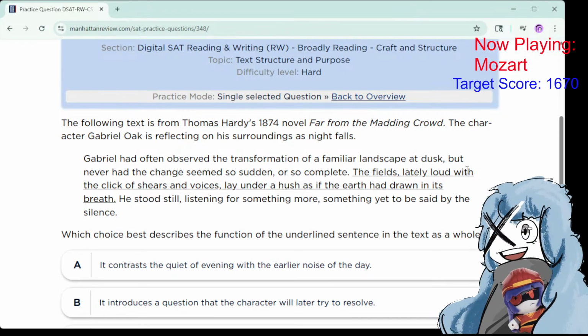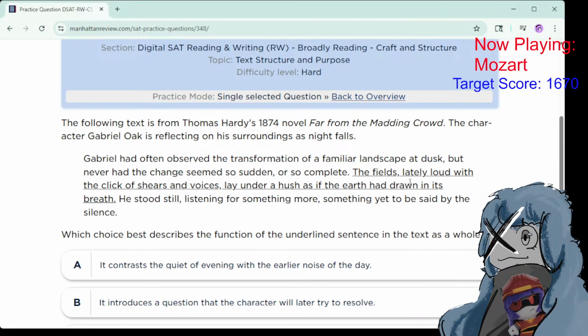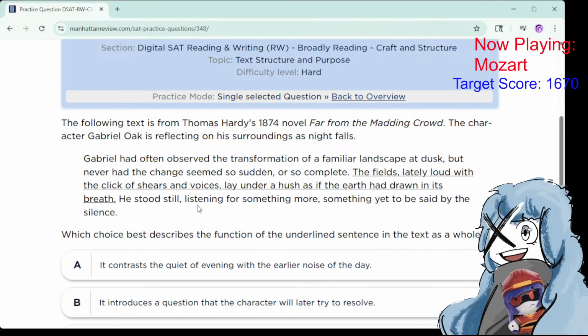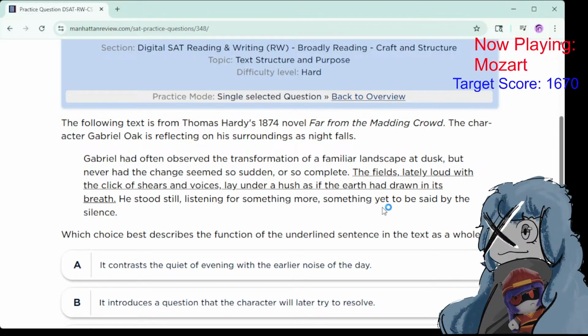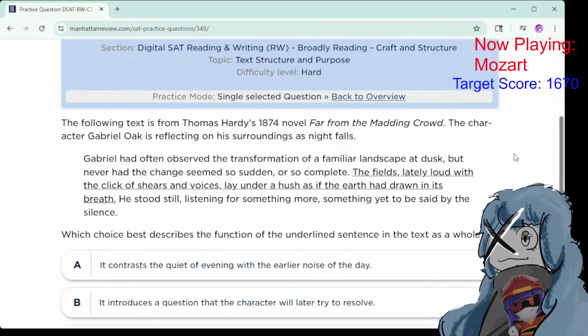The field was literally loud with the click of shears and voices, but now was under a hush as if the earth had drawn in its breath. He stood still, listening for something more, something yet to be said by the silence.